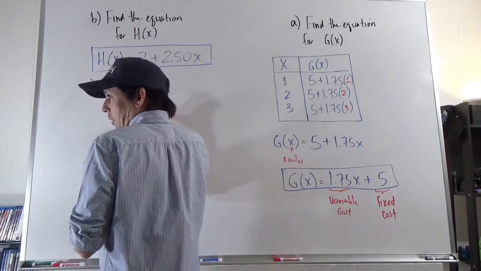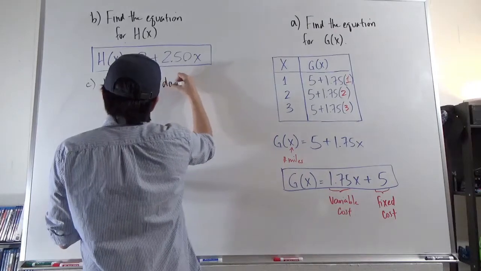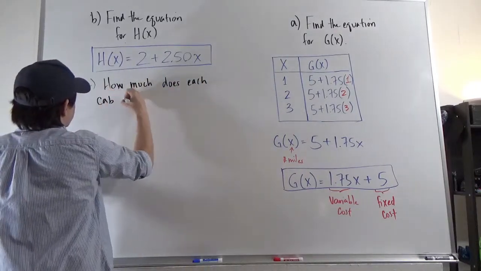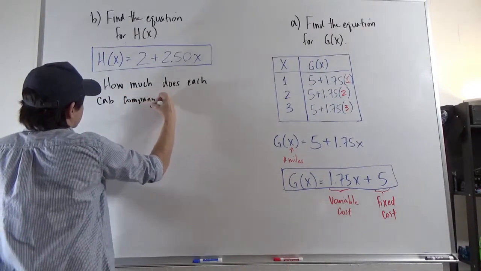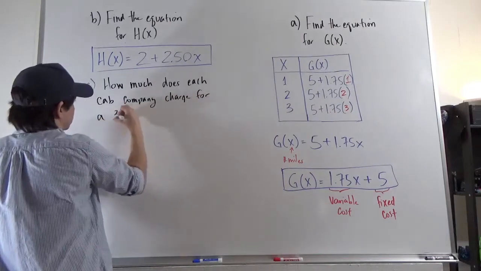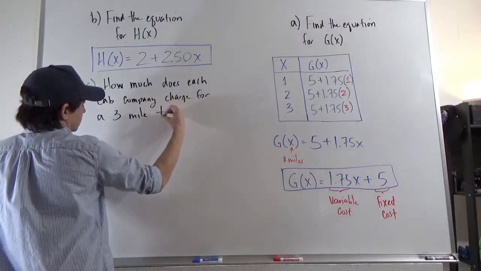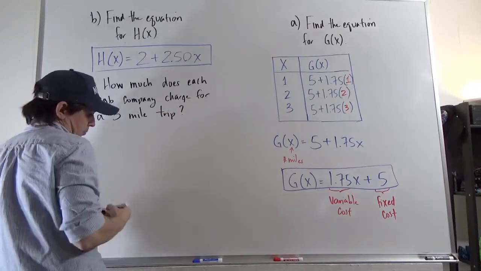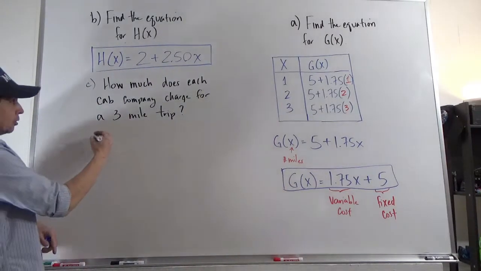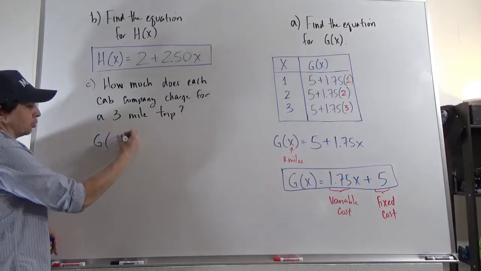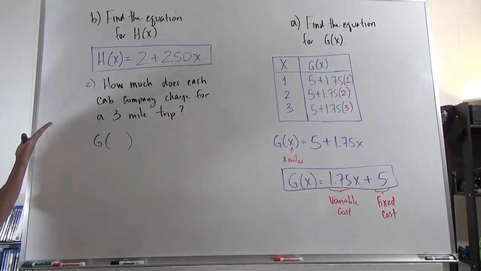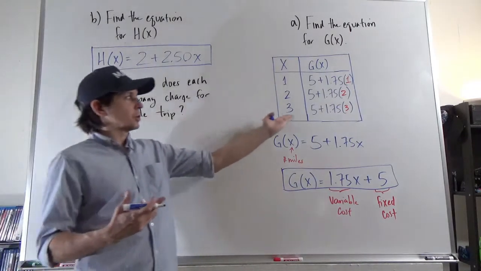So, how much does each cab company charge for a 3-mile trip? Don't mind just piecing together the amount. I want you to actually get used to, we want to do both. We want to do G and we want to do H. And think about what notation we would use to basically figure this out for 3 miles.